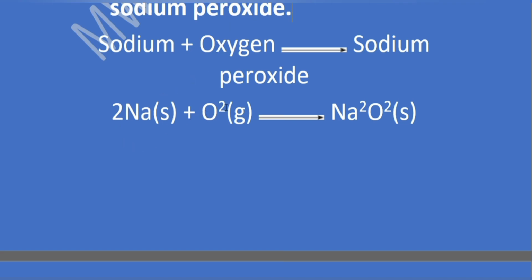When sodium burns in air enriched with oxygen, it forms mainly sodium peroxide. When the air is enriched with oxygen, what we form is sodium peroxide, not sodium oxide, because it is enriched with oxygen.